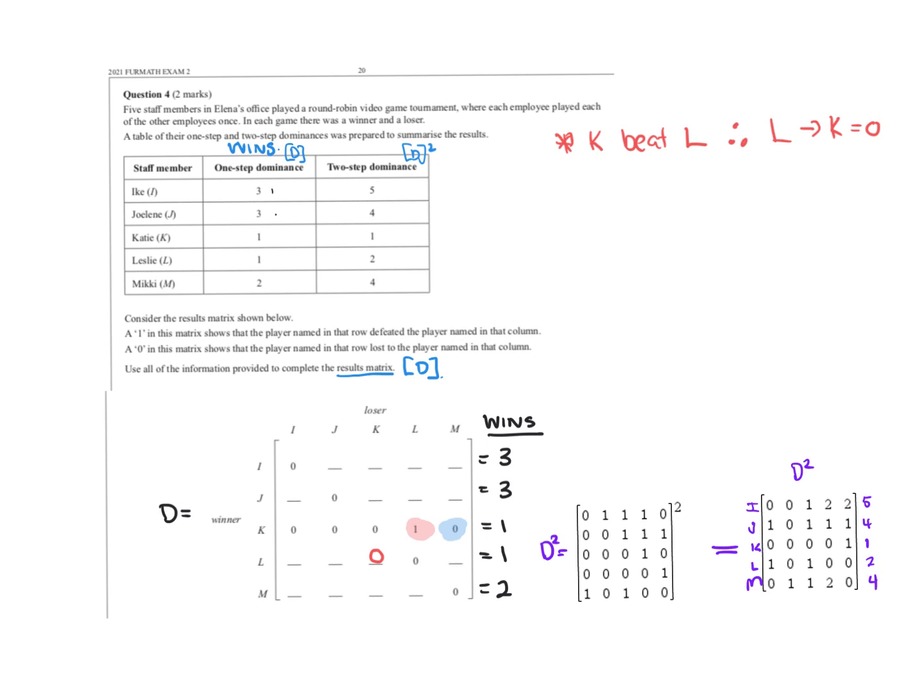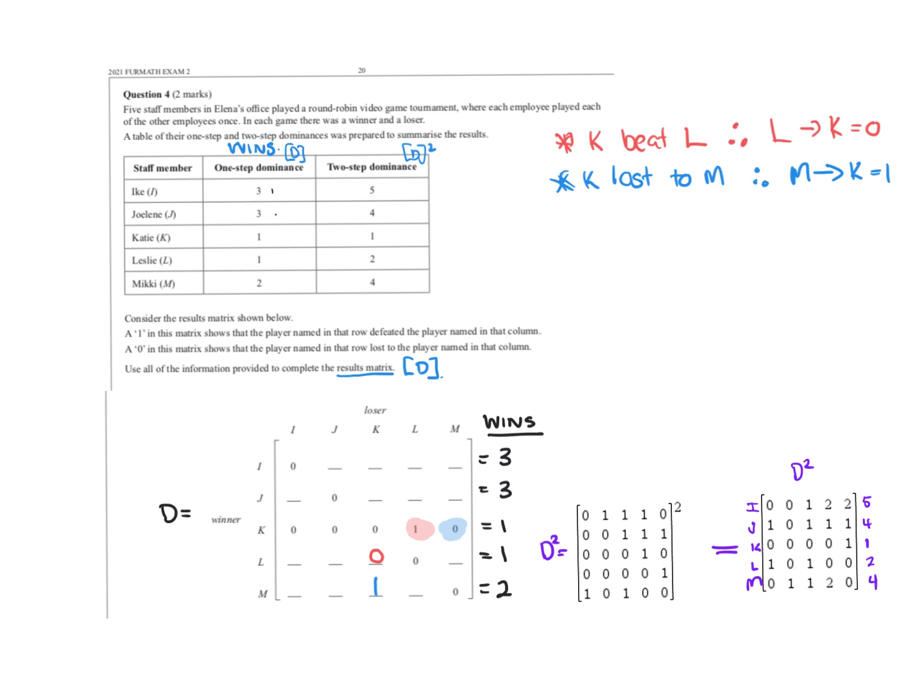I can put a 1 on the Katie there. I'll write that out so you know where I got it from. So K lost to M. Therefore, M to K equals a 1. So we did that.